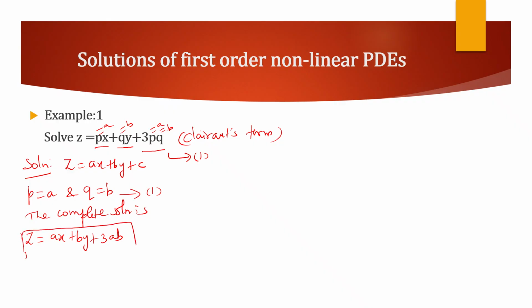The next step is finding the singular solution. To find the singular solution, we have to differentiate this complete solution with respect to the arbitrary constants a and b partially.